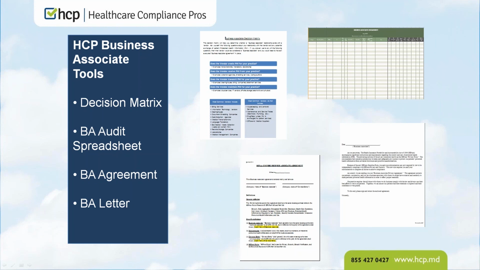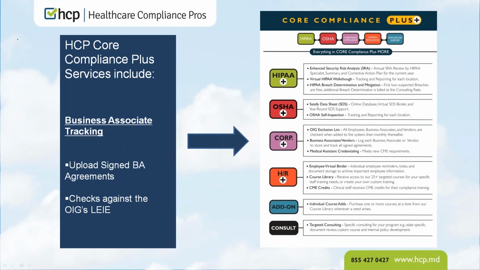I'm going to review some additional BA support we provide in what we call our Corporate Plus program. We have a variety of plus services, including HIPAA Plus, OSHA Plus, Corporate Plus, and HR Plus. But today, because we are discussing business associates, that is part of our Corporate Plus program. I just wanted to share with you some of the information that you'd be able to track on our website.